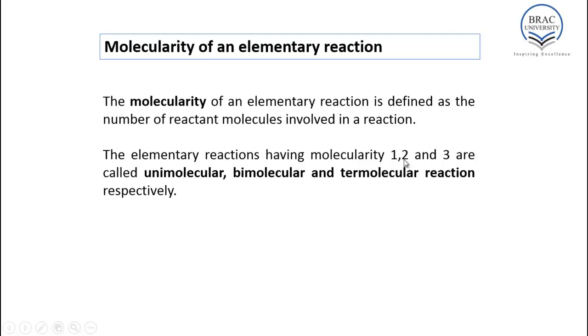If there is only one reactant, it is termed a unimolecular reaction. If there are two reactants, it is termed a bimolecular reaction. If there are three reactants, it is termed a termolecular reaction. Let's talk about the details.